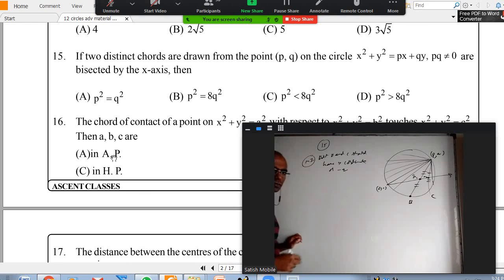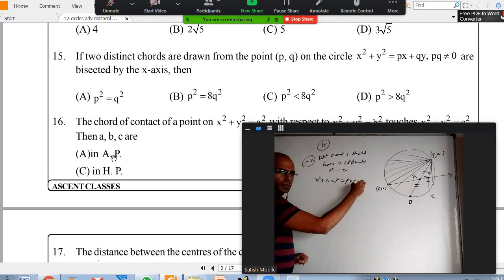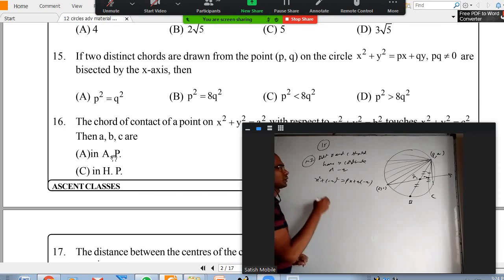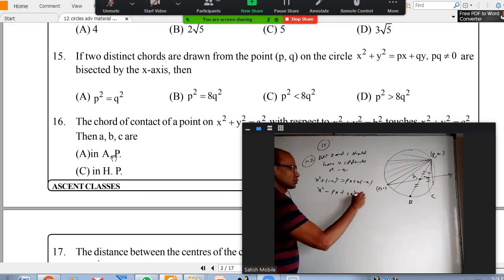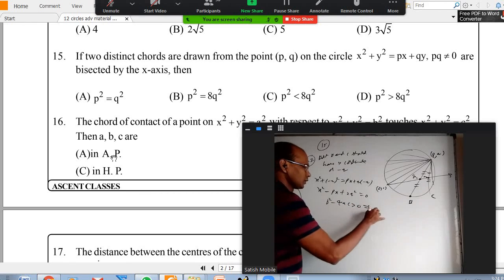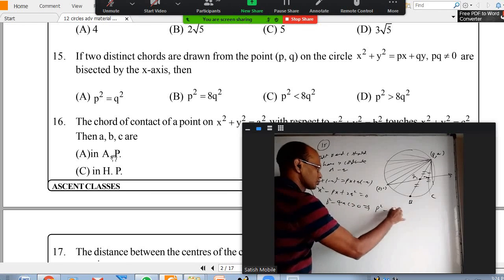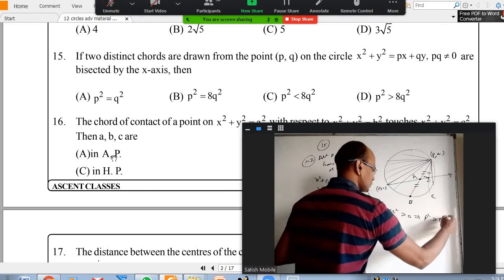So simply put y equal to minus q in the circle equation. x square plus minus q whole square plus px plus q into minus q. That is x square minus px, q square plus q square minus q square equal to 0. For this, 2 roots should come and they should be distinct. So b square minus 4ac should be greater than 0. p square minus 8q square should be greater than 0, which implies p square is greater than 8q square.